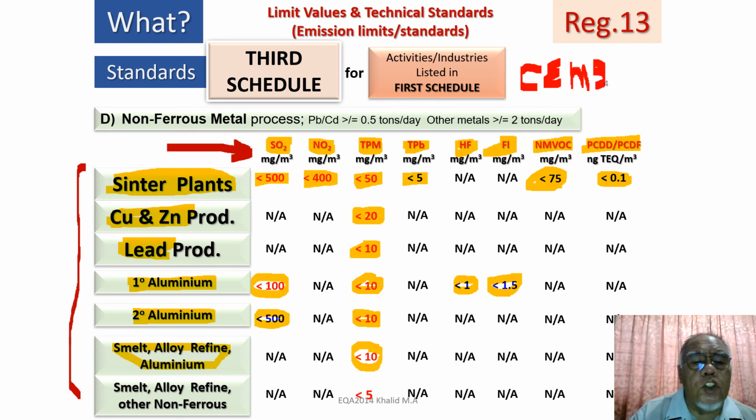And smelting, alloy refining, and other non-ferrous, they only require a CMS for the continuous measurement of total particulate matter. Got it? So please be careful. Where do we have to be careful here?